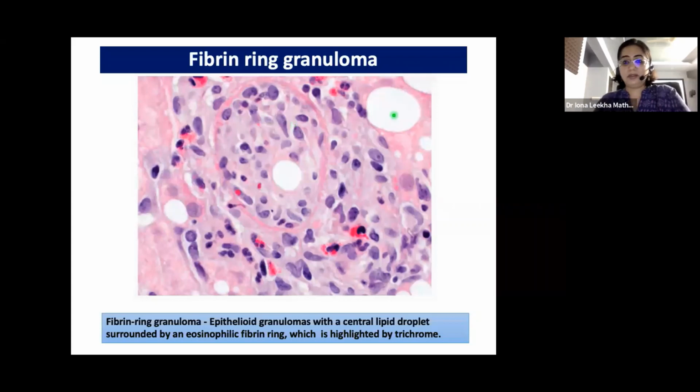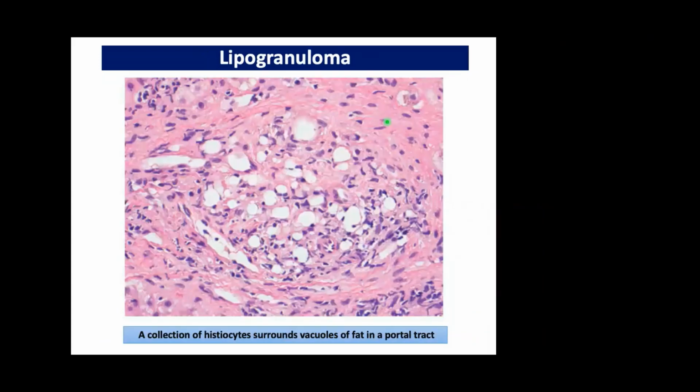Lipogranuloma you can generally get in any condition where there can be fatty liver. But I don't think so, because recently we had a patient, we did not know whether it was NASH or something else, and then they gave a report as lipogranuloma. So what are the conditions you would get this? Because I think history is important when you ask for a tissue biopsy. Can you just highlight on that?